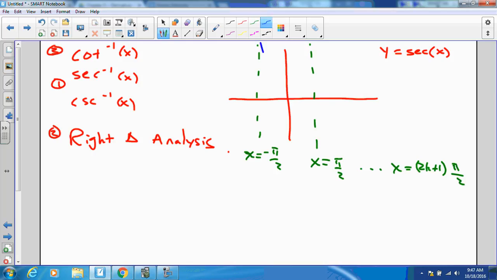And if you take a look at the graph closely, because secant x is 1 over cosine x, the graph is going to look like this, which I affectionately call horseshoes. Each piece looks like a horseshoe, right?